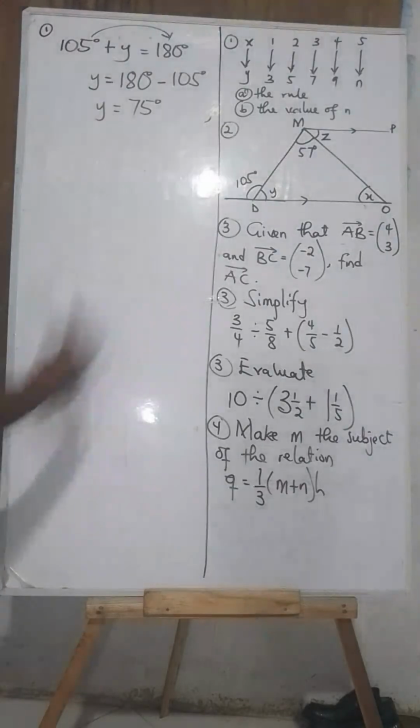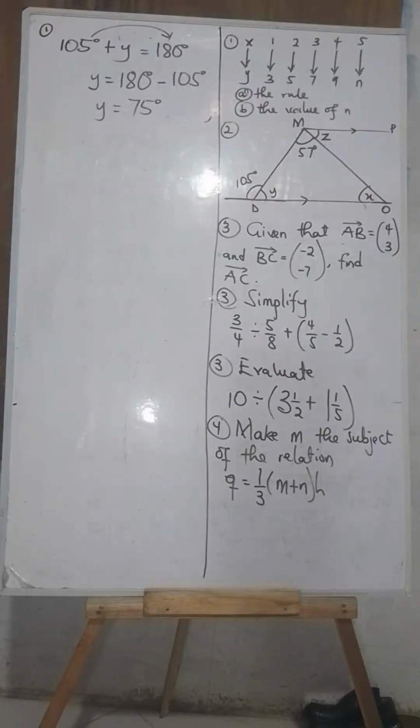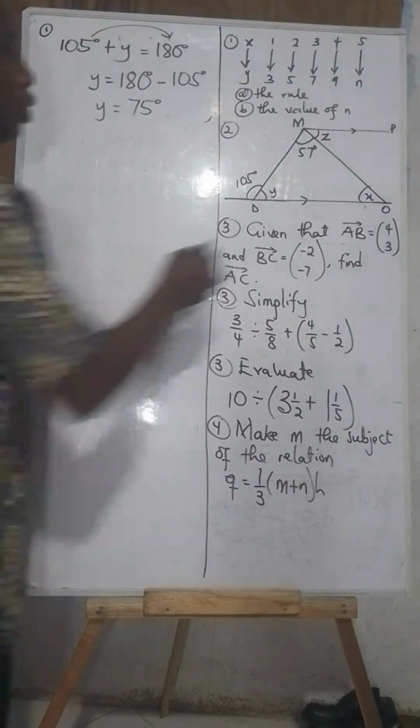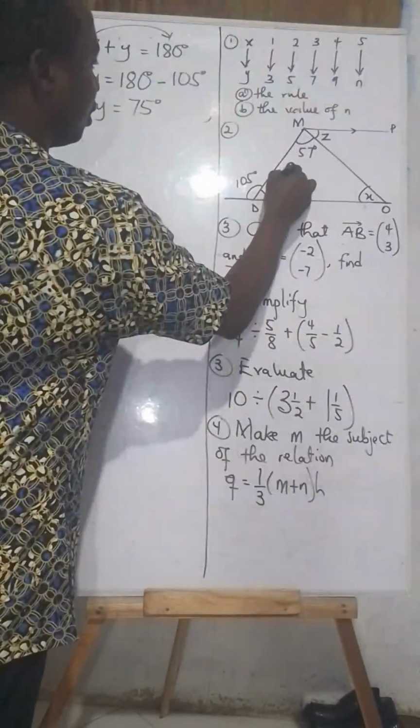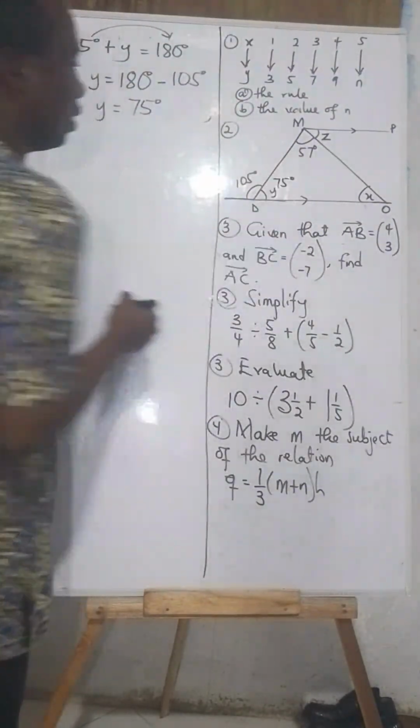Now for x, you can tell us your answers there, if you have been able to solve it. To solve for x, you can see we have here 75 degrees.